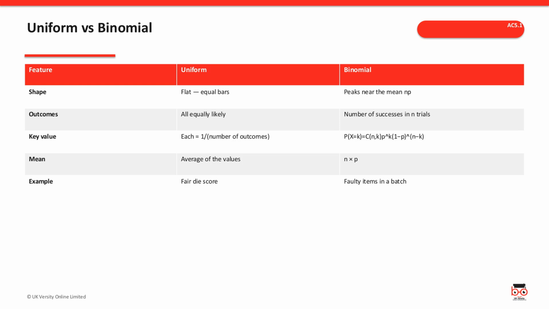For the binomial, it's that C(n,k), p to the power k, (1 minus p) to the power n minus k formula. Their means differ too. The average of the values for a uniform, and n times p for a binomial. A fair die score is uniform. Faulty items in a batch are binomial.